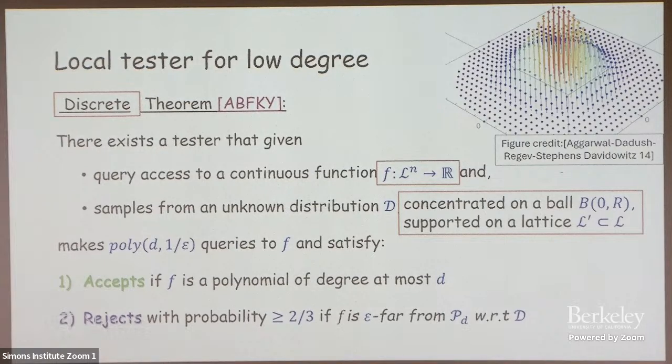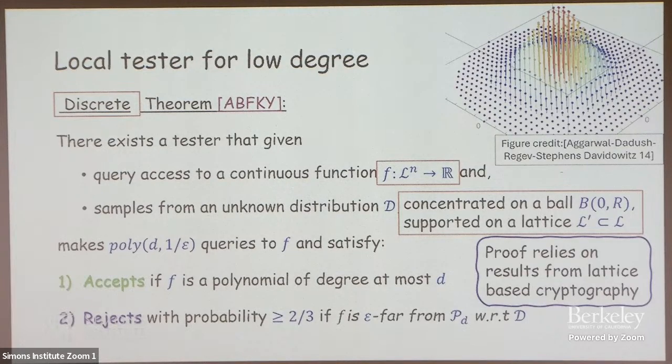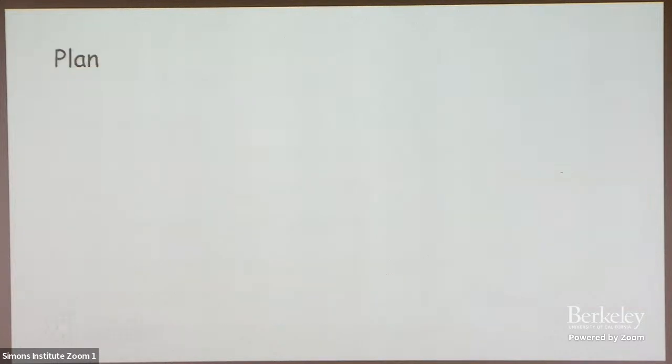So now we want our distribution to be concentrated in some ball, and we can query the function on this lattice, but maybe on a more refined lattice. And the proof of such things relies on a result from lattice-based cryptography. So these are the main results. There are some technical results that I will talk about later.